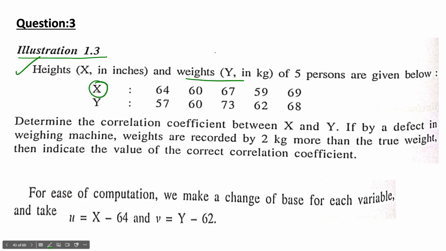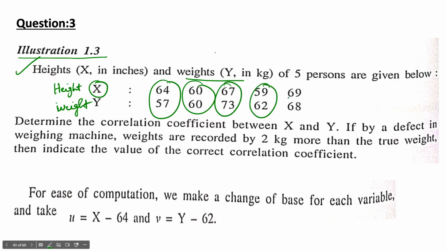So this x is height, and this y is in weights, meaning y is the value that gives the weight of the individuals. Now you will get some pairs of data: 64, 57, 67, 73, 59, 62, 69, 68.